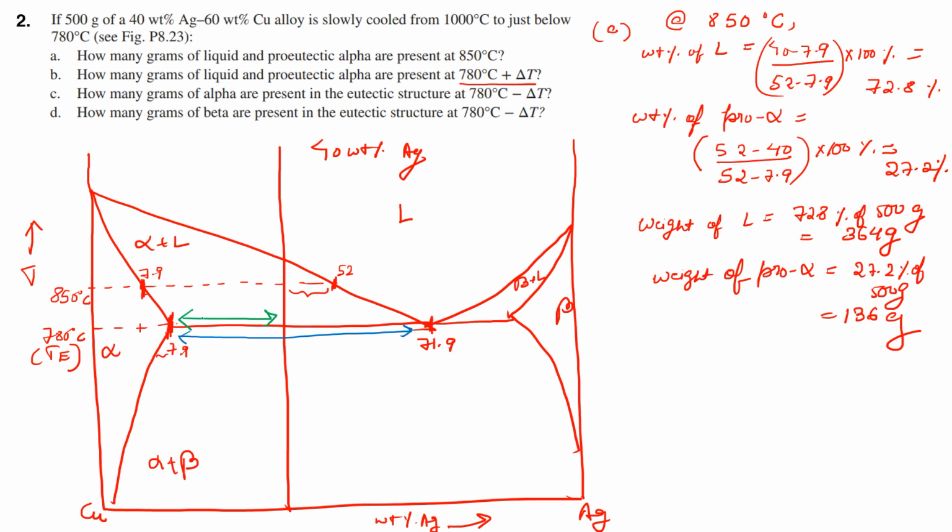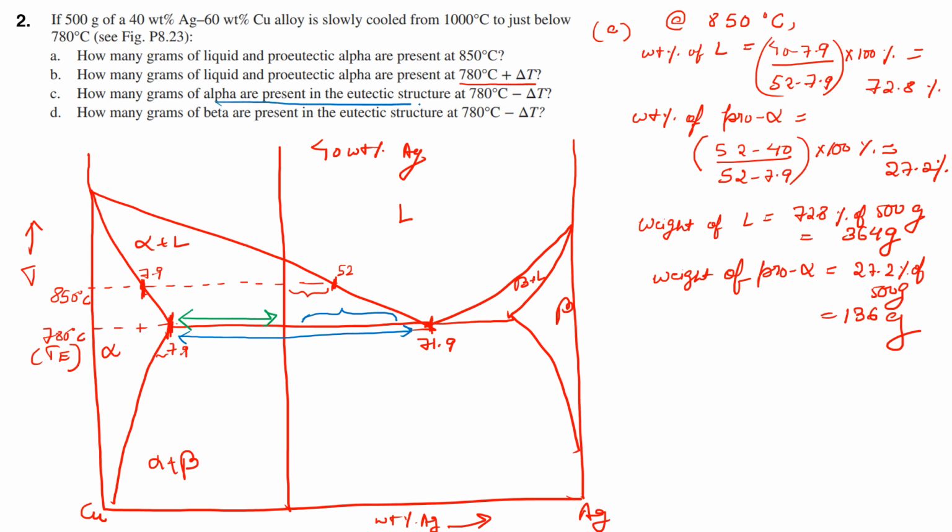So the weight percent of liquid will be this green divided by this total blue into 100, and similarly the weight percent of pro-eutectic alpha will be this part divided by the whole line into 100%, and that will give you the comparative weight percentages. For finding out the absolute weights, you have to take the percentage of 500 grams and you will get the amount in grams of liquid and pro-eutectic alpha.